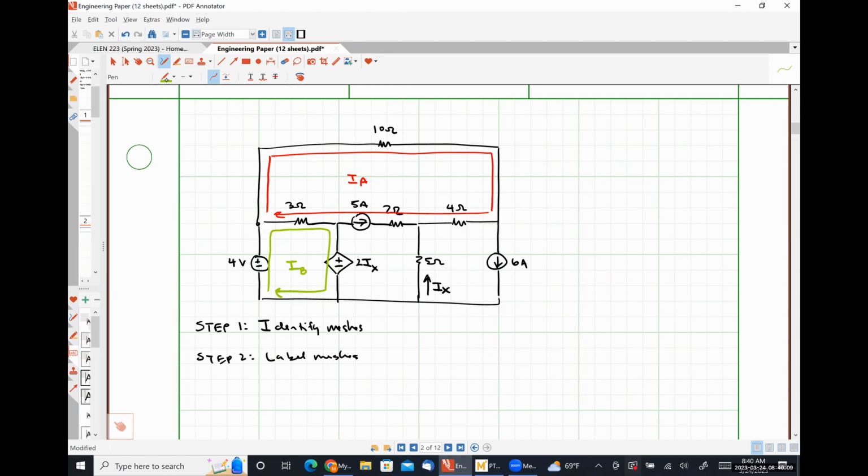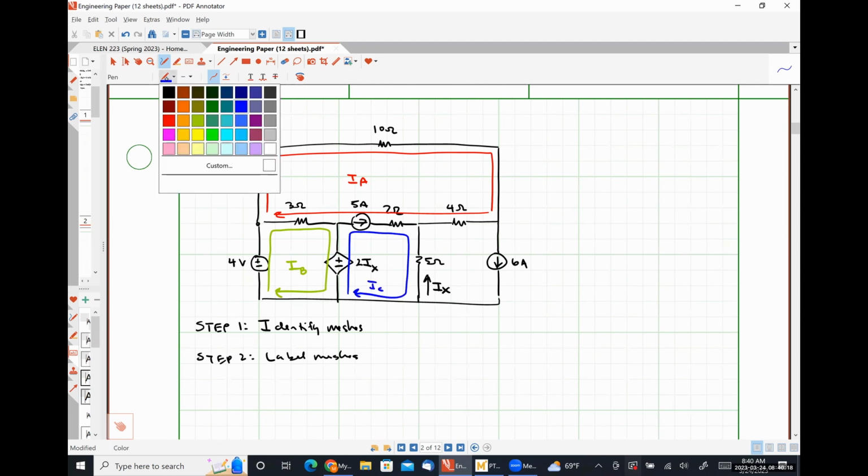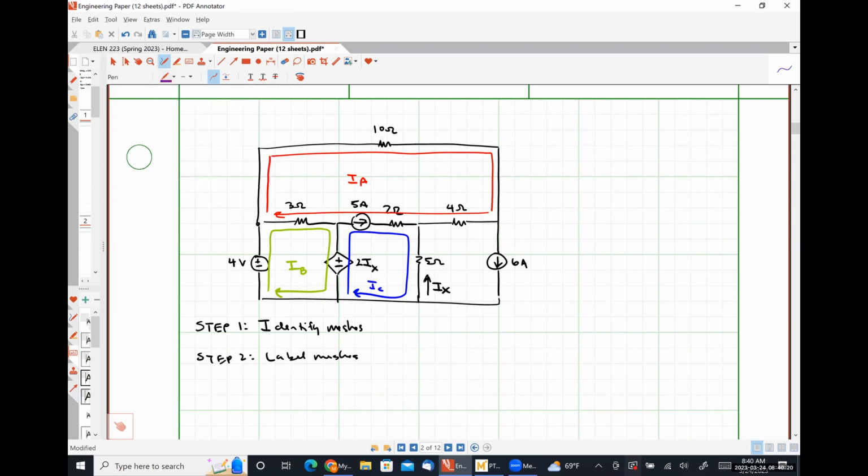Here's B. Here's C. Here's D. So we've identified our meshes, we've labeled our meshes.